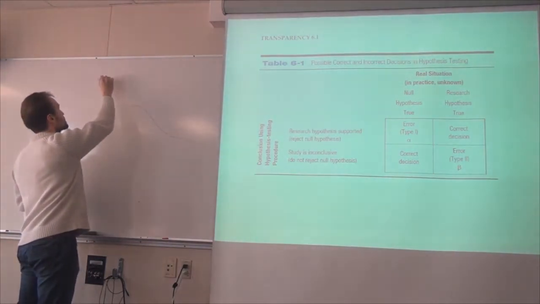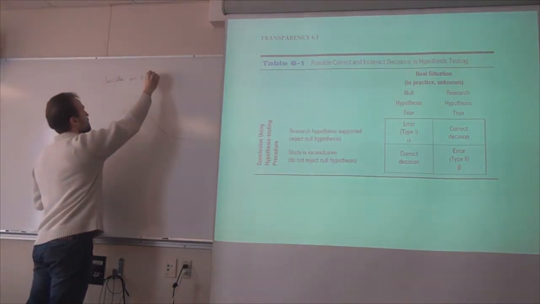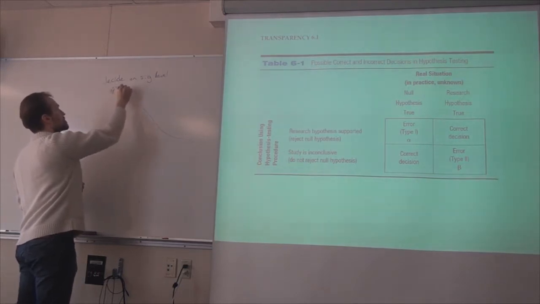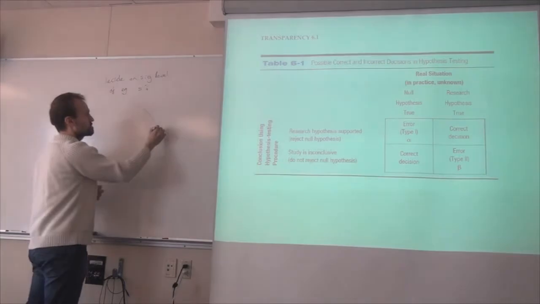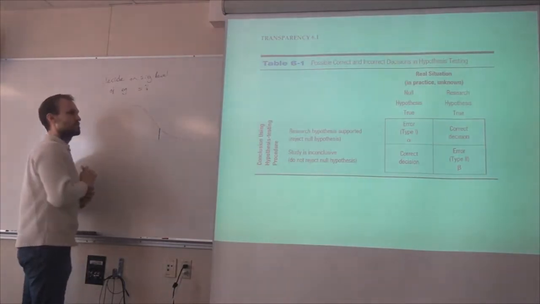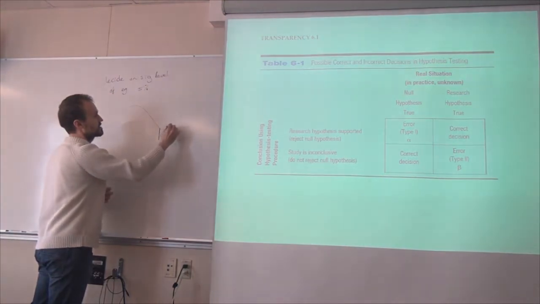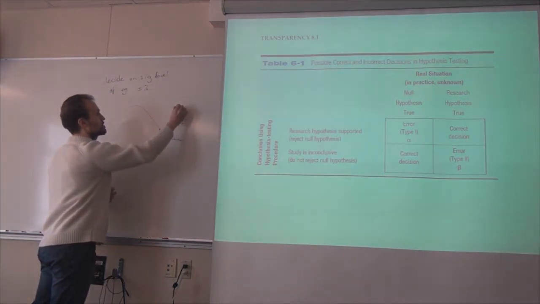Let's suppose we decide on a significance level of, for example, 5%. Then that determines our cutoff score, so that this is 5% or 0.05.